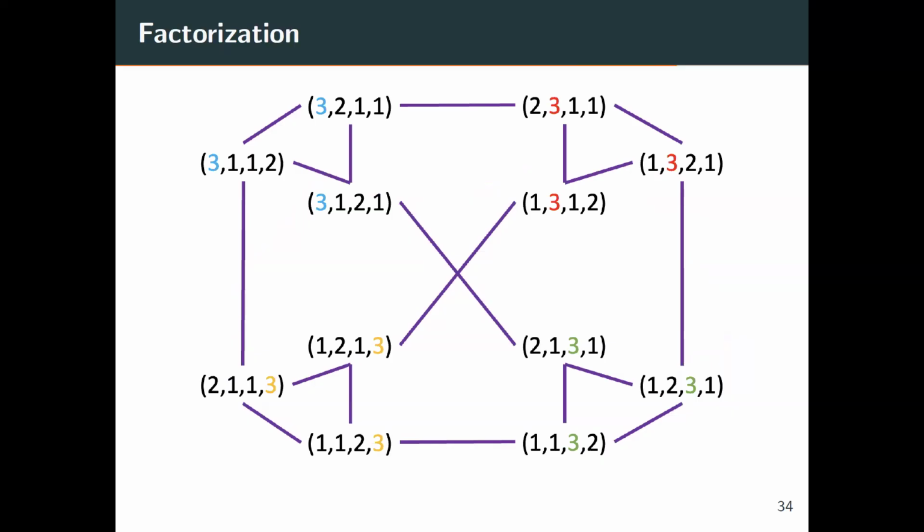For example, here we are going to look for the number three, and the three can be in the first entry, as in the blue vertices at the top left of the image, or in the second one at the top right of the image, on the third one in the bottom right part of the image, or the fourth entry in the bottom left part.